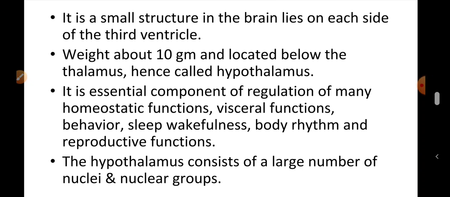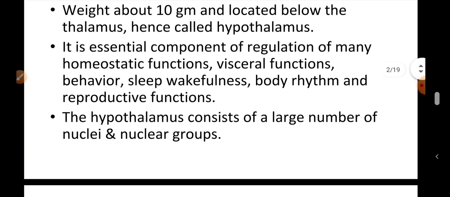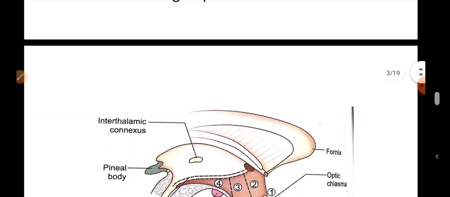Medially, it forms a part of wall of third ventricle. Laterally, it is in contact with the internal capsule. Anteriorly, it extends up to the anterior commissure and the lamina terminalis, and posteriorly the hypothalamus merges with the ventral thalamus.